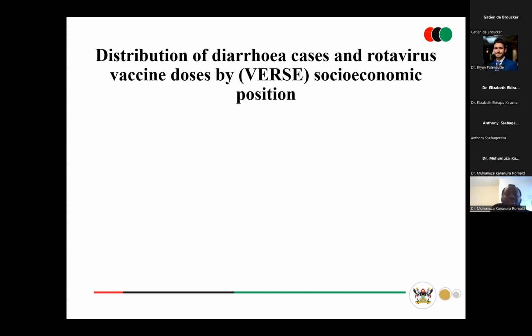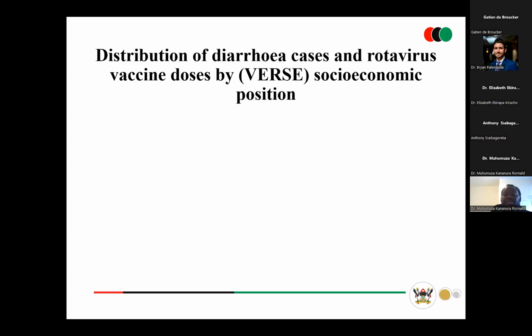So in terms of distribution of diarrhea, and this is of course based on the VERSE approach, in doing this we also try to consider some other doses that are usually provided with Rota vaccine.